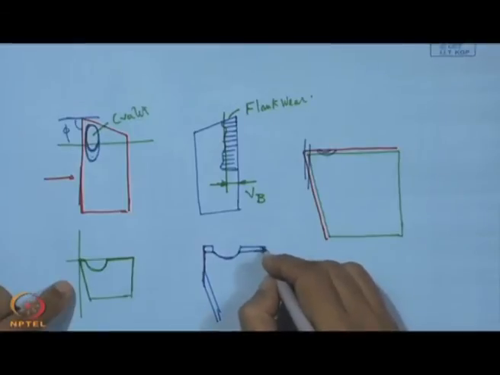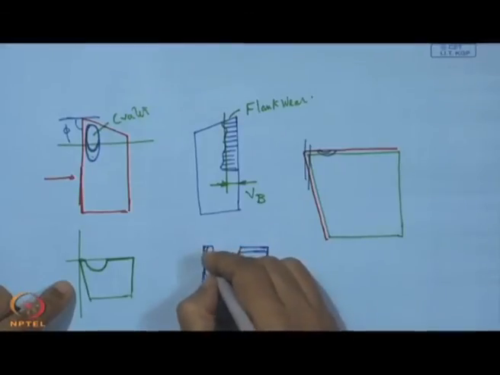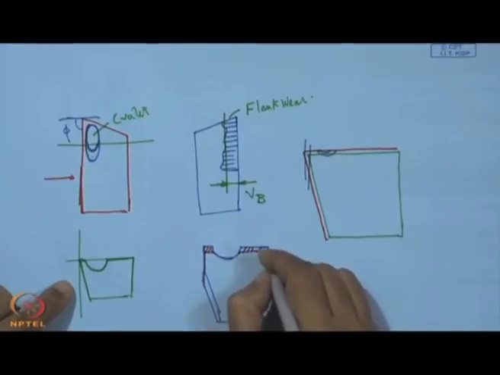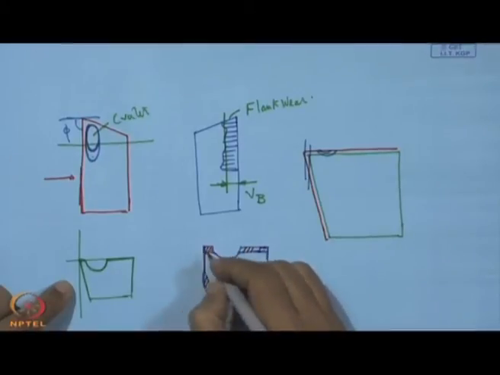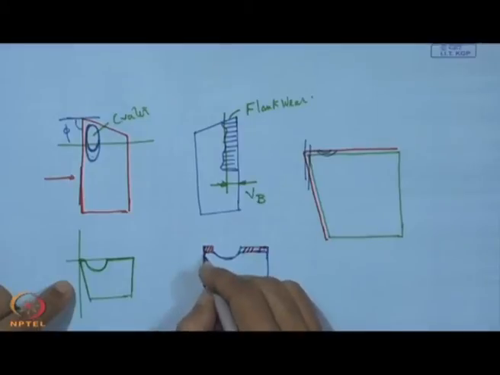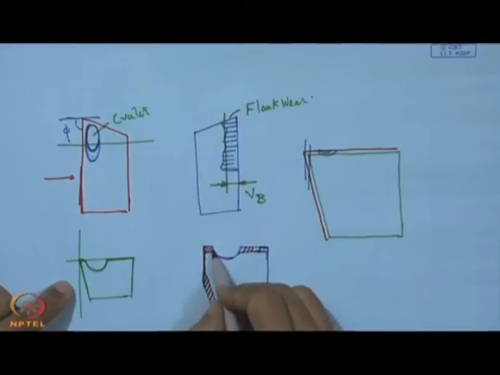So, here we have the coating, here too we have the coating, but the coating is removed from this zone, which has become almost like this flank wear. Similarly, coating is also removed.